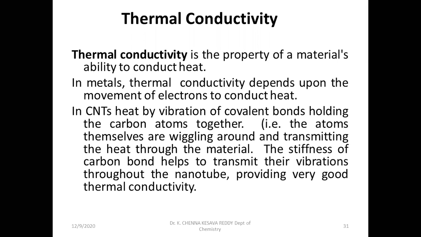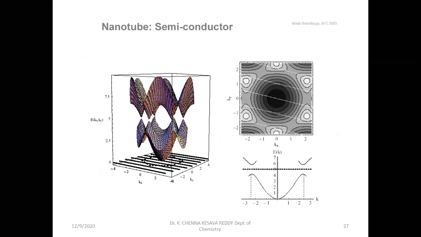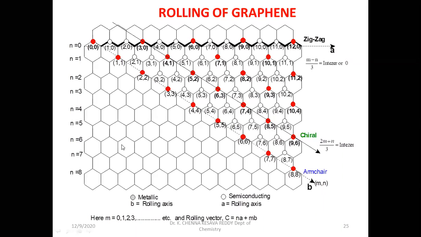Due to this vibration, heat is transferred from one carbon to another carbon. Let us see this diagram. If we supply heat at this point, the heat is transferred from carbon to carbon through vibration. That means this carbon vibrates, and through vibration the heat is transferred.